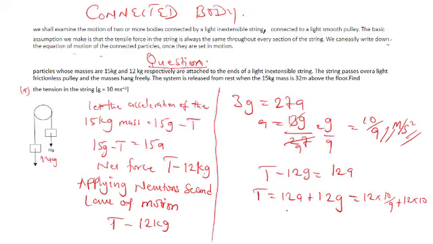So this is 120 over 9 plus 120. 3 goes into 120 40 times, and 3 goes into 9 3 times, so the answer becomes 400 over 3. The tension in the string is equal to 400 over 3.